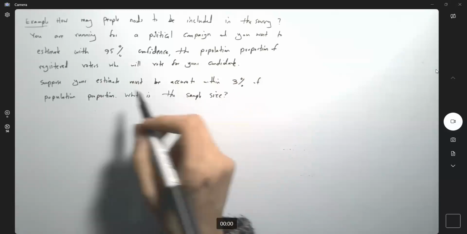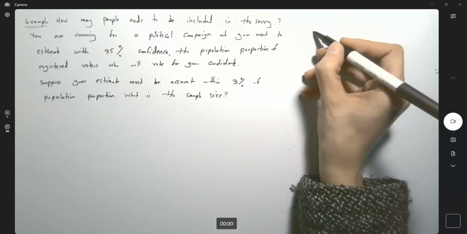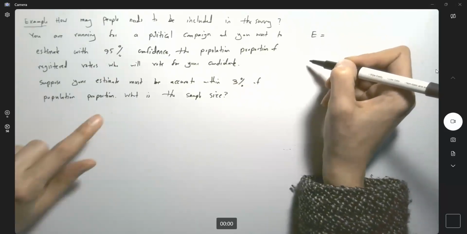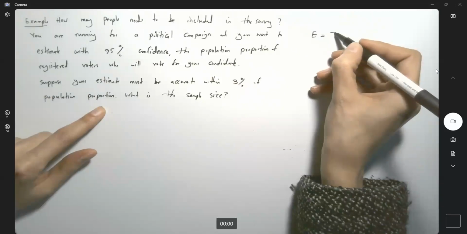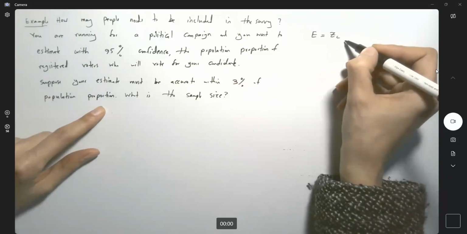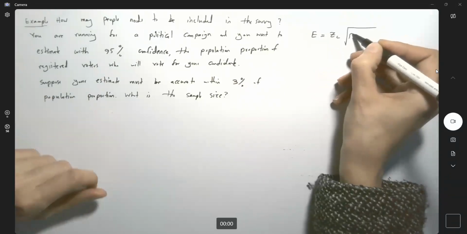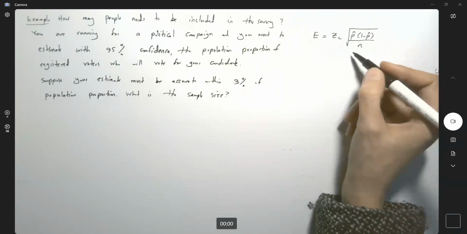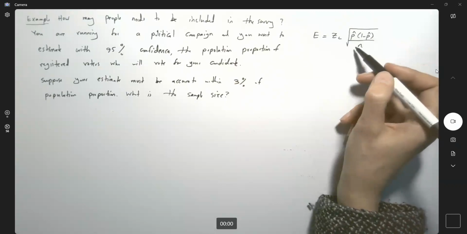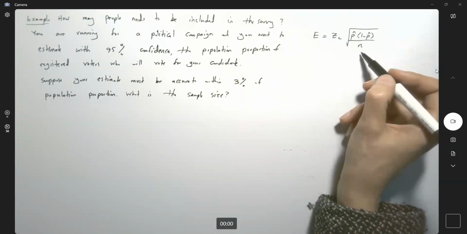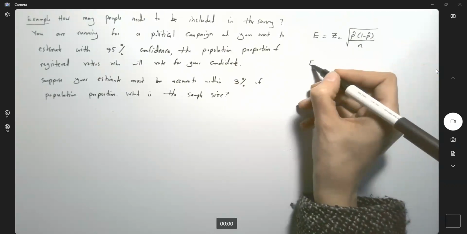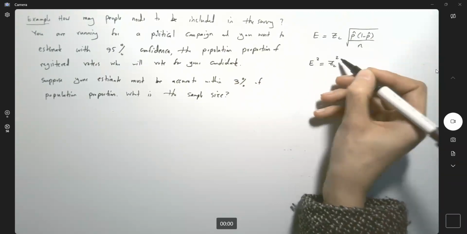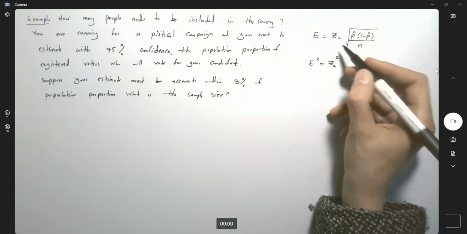So first of all, we know that the margin of error formula for population proportion was equal to ZC times the square root of P hat 1 minus P hat divided by N. So from this formula, we can derive a formula for N. If I raise everything to the second power, this is E squared equals ZC squared, and you get rid of this radical.